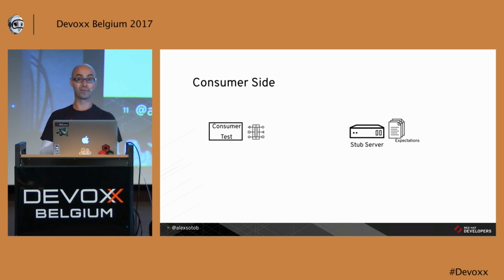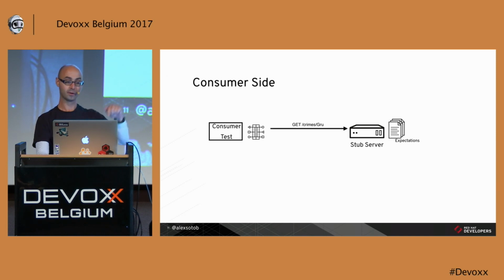Then you have the client. This is your Java code, where you have your gateway class that is responsible for communicating with the provider. So what you're going to do is just do a get, in this case, /crimes/grew, to this stub server.